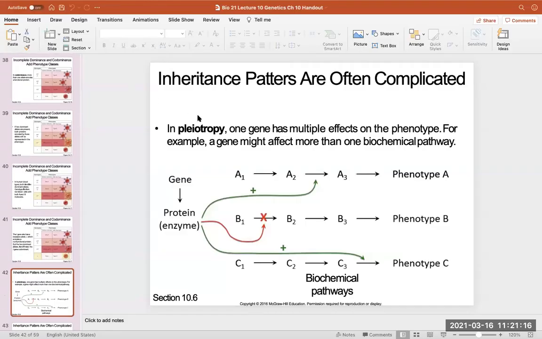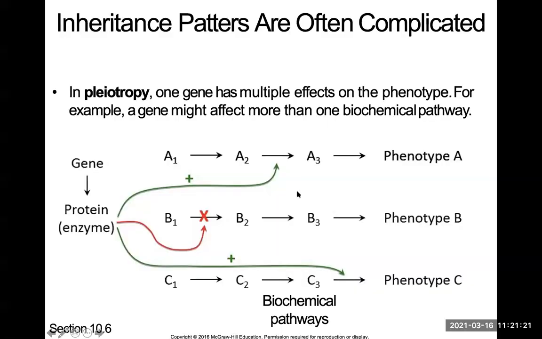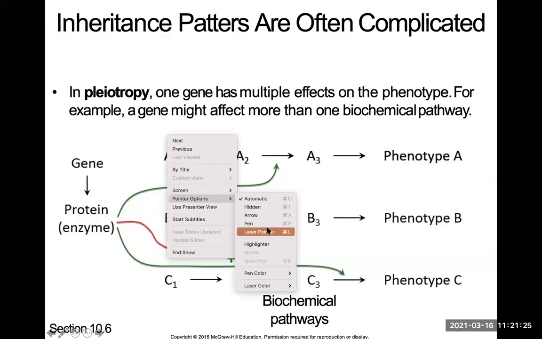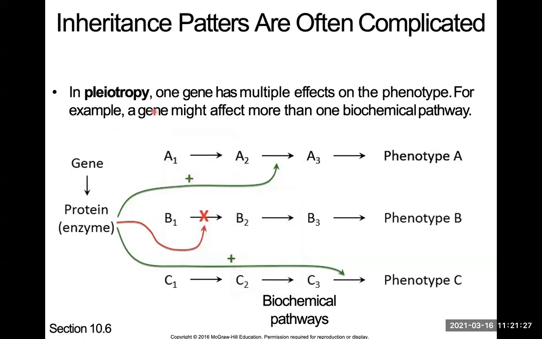So we have pleiotropy. It means one gene has multiple effects on the phenotype. In this example, you have a gene for a protein, and it can affect the biochemical pathway.